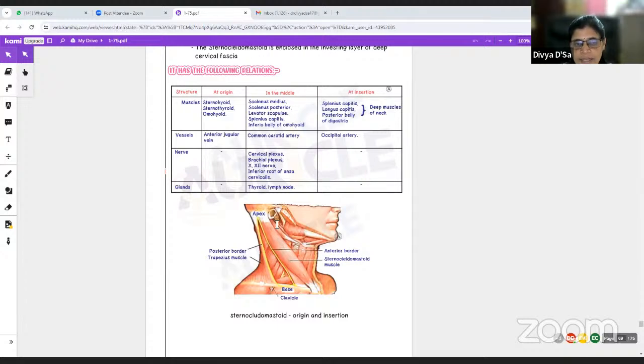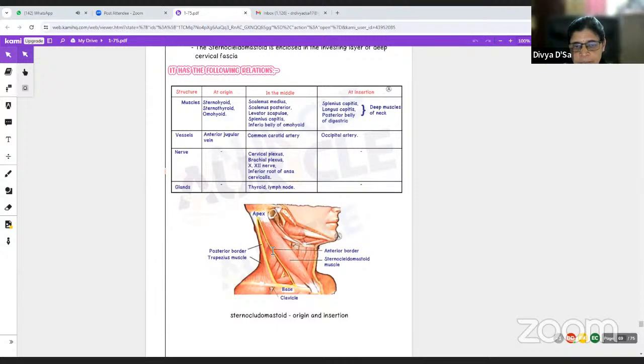Vessels: at the origin it is related to the anterior jugular vein, near the suprasternal notch. Then the common carotid in the middle part, and near its insertion, the occipital artery.